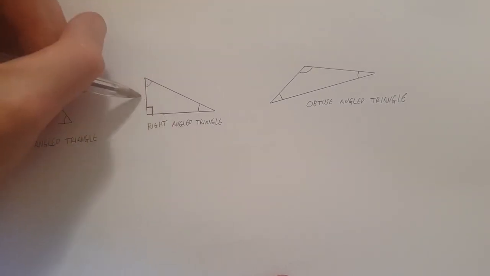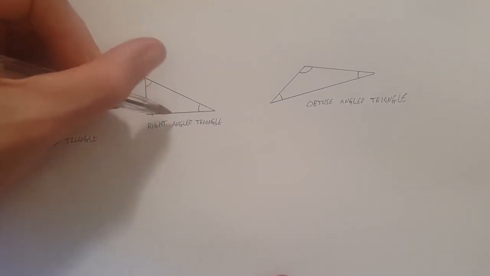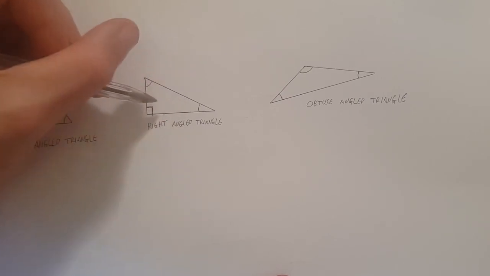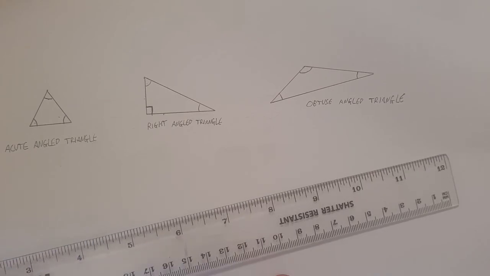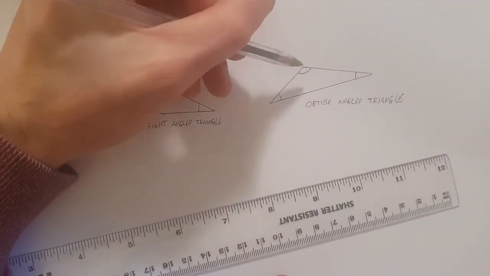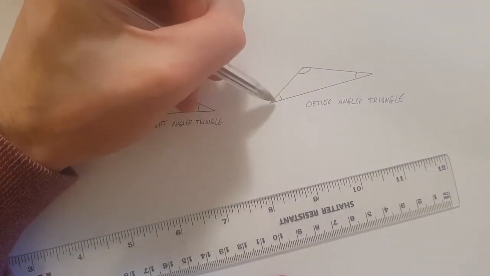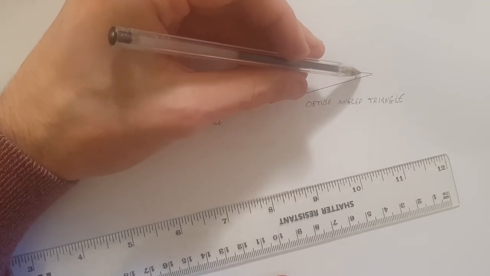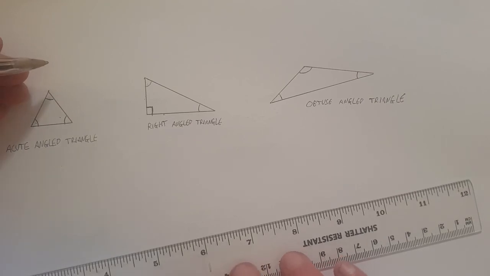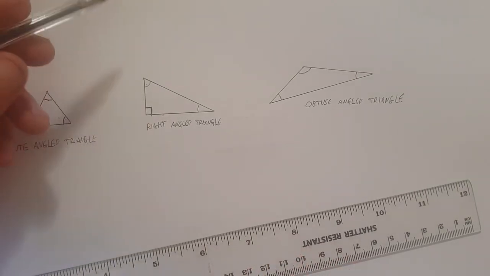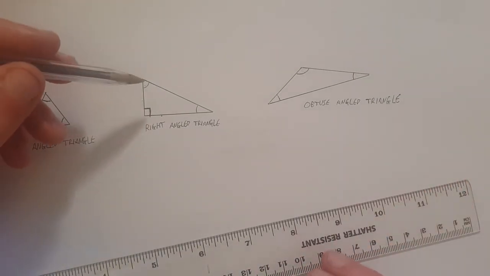In this case it's not, in this case it's a scalene triangle, but just remember that sometimes it will be right angled and isosceles. And the next one is an obtuse angle triangle, and that's when we've got one obtuse angle and another two angles which are acute angles.